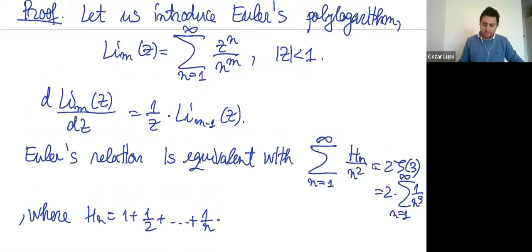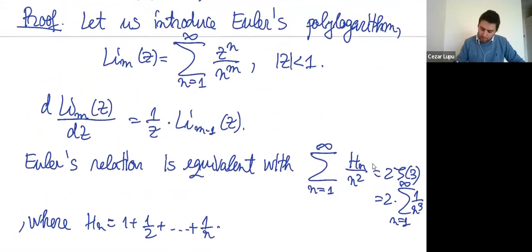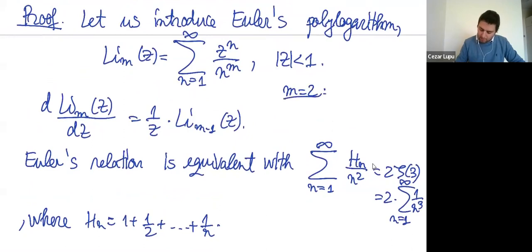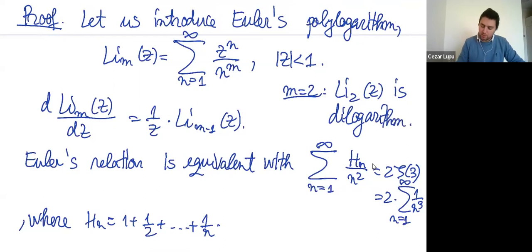In fact, let me point out a remark here. For m equals 2, we call this the dilogarithm function, which is very, very useful.